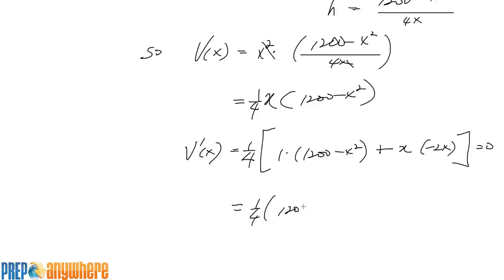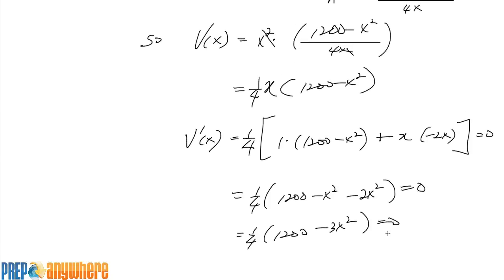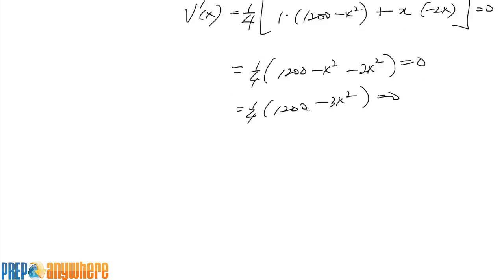So you have 1200 minus x squared minus 2x squared is equal to 0. Okay. So to find the critical number, we have to set what's in the bracket to be 0. You can factor out a 3.